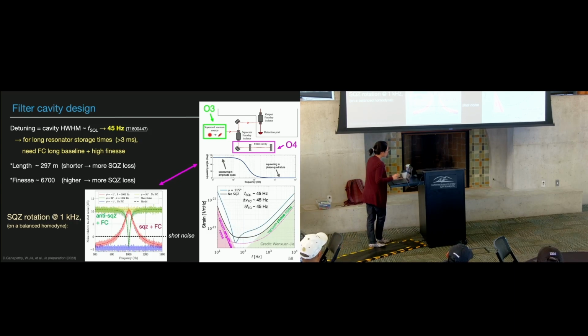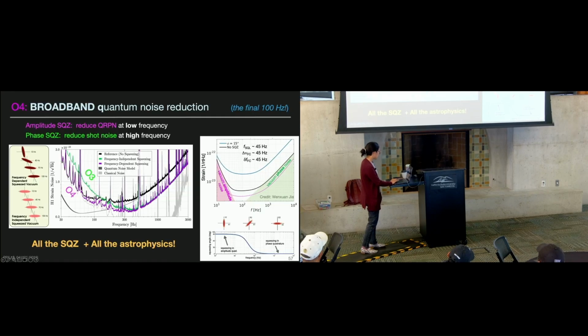So here's the filter cavity design. This is a tricky thing to design because the frequency that we see here of quantum radiation pressure noise is really big, between like 30 and 100 hertz. That means we need an optical storage time equivalent to 30 to 100 hertz to phase shift one set of sidebands from the conjugate sidebands.